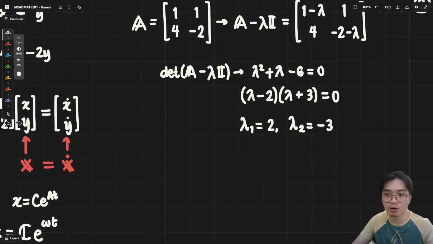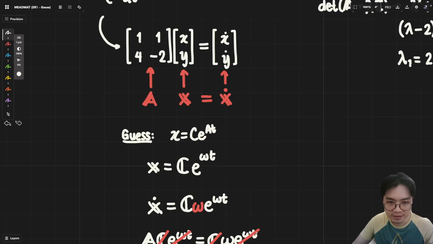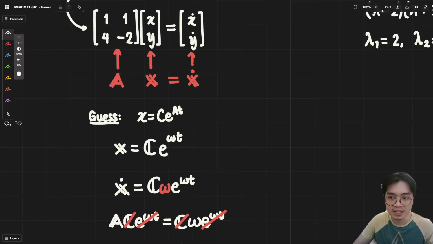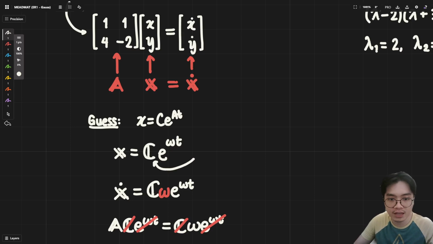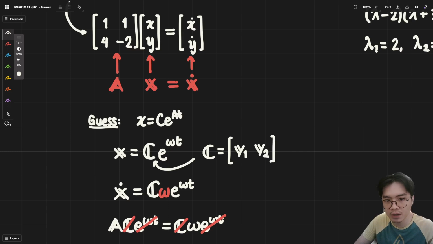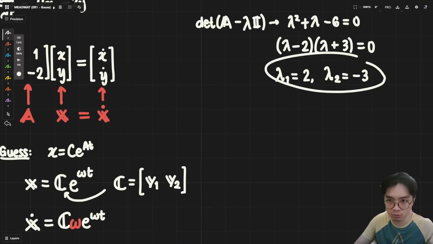That is why the order is important. This constant C is composed of the two eigenvectors that correspond to your eigenvalues. More on that later.